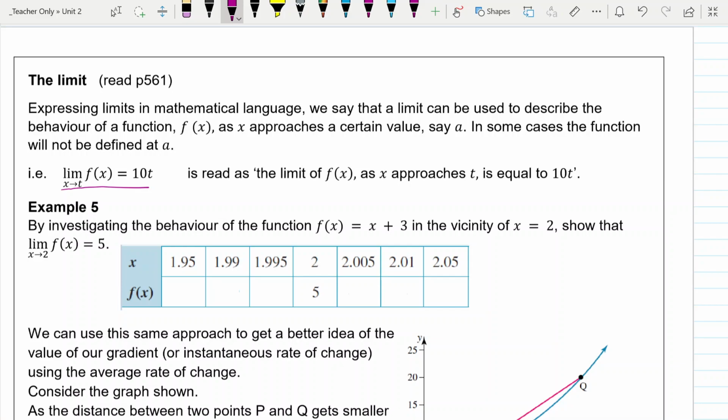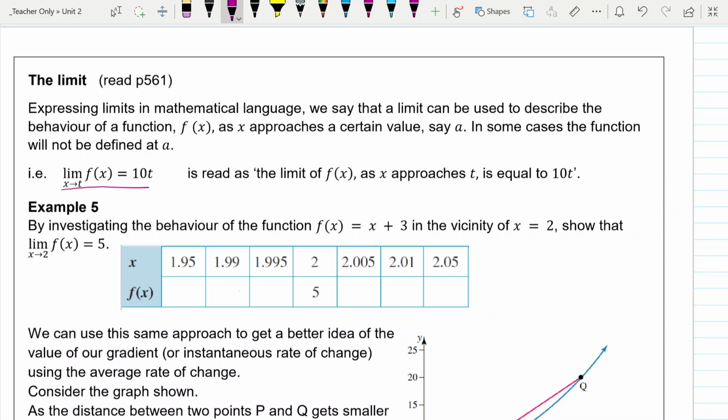So let's have a look at kind of what we mean by that. If we look at the behavior of a really simple function, x plus 3. So f of x or y is equal to x plus 3. And we want to see what happens around about the point where x equals 2.